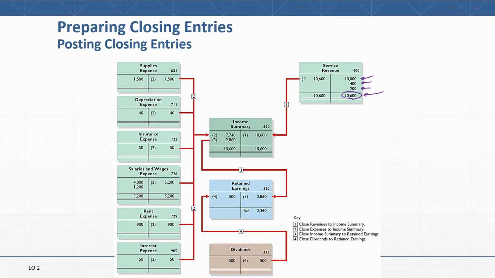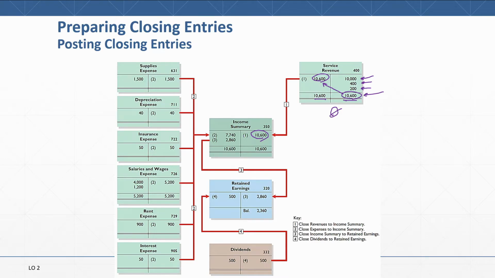To close this account, we need to put the same amount under the opposite side, the debit side in this case, and by doing so, debits and credits are equal and the balance is now 0. And for the second account, we put the same amount under the credit side of income summary.